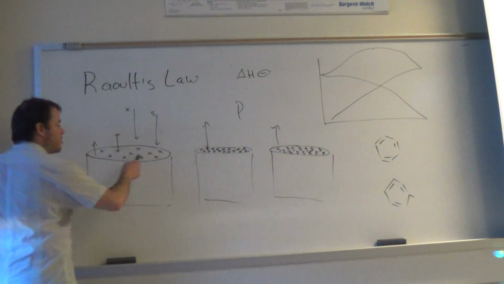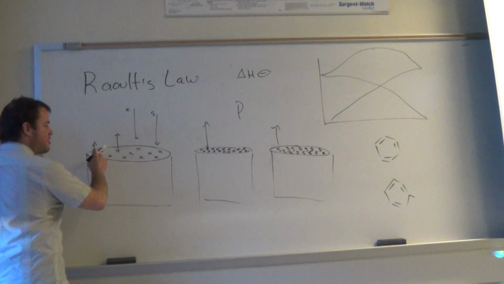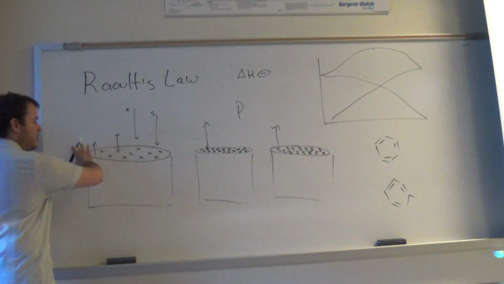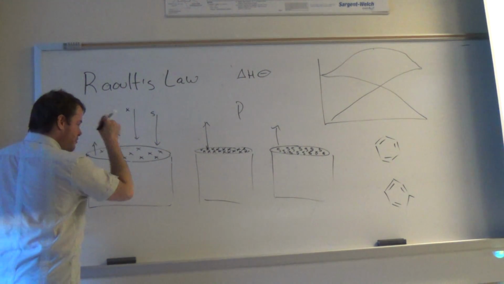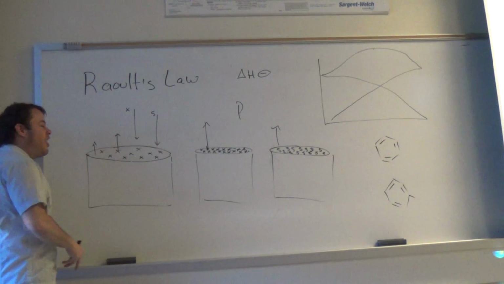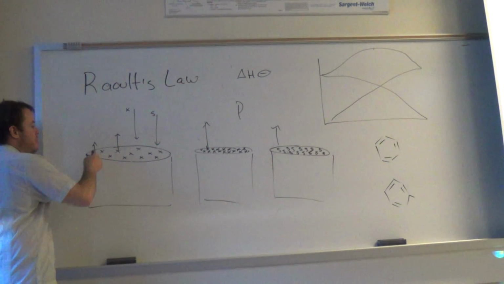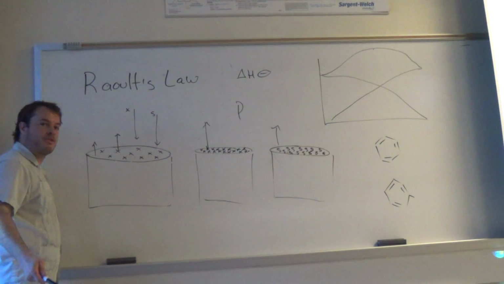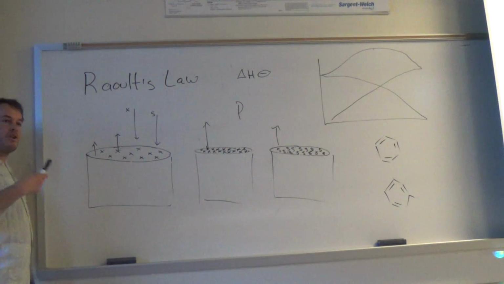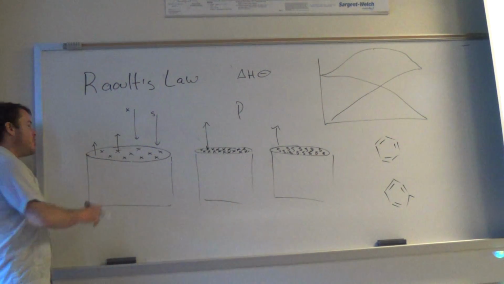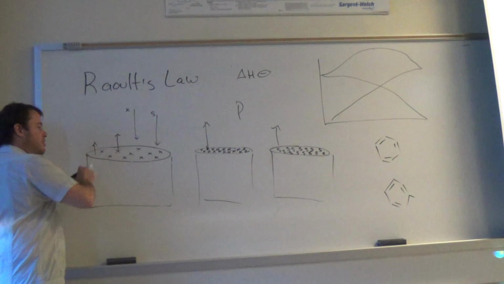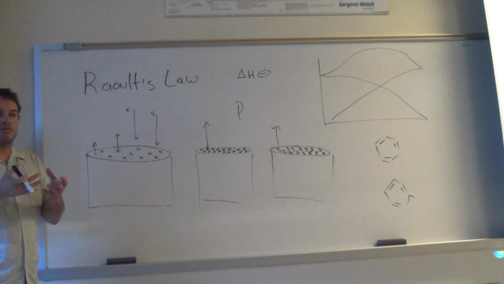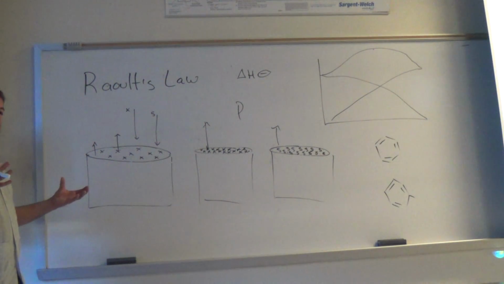When you dissolve that solute into the solvent, and there's just a few solute molecules per total number of molecules on that surface, on average, these solute molecules are not surrounded by other solute molecules, they're surrounded by solvent molecules. And so you can imagine that the force with which they're held into the solution is different.